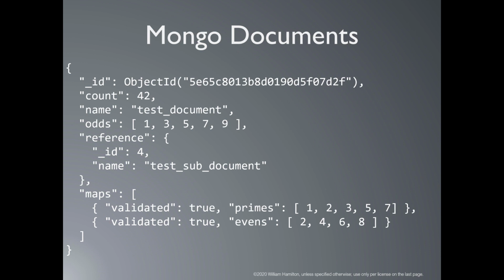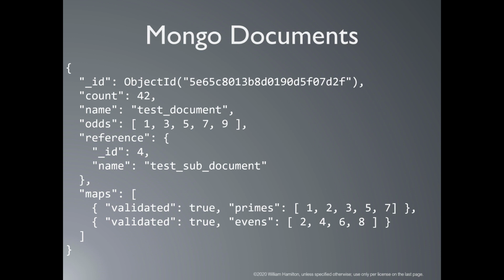You can have sub objects or documents within objects, and that can go as deep as you want it to. Typically, the only thing that's required will be this ID field, which is the special object type here, which is going to be unique between all of the documents within a collection.